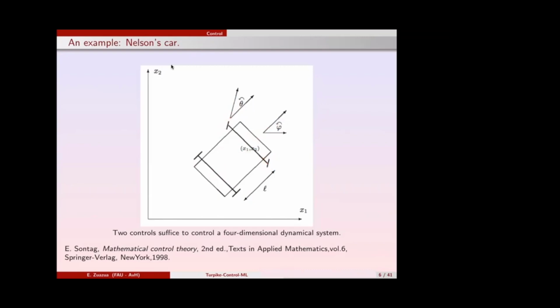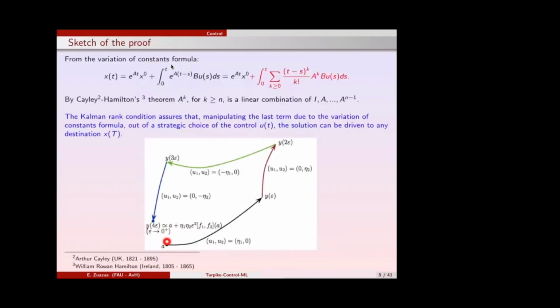So two controls and four dimensions, simply because if we move forward, left, backward, right, we don't get to the same configuration, but rather we are doing the manipulation that allows me to move the car, keeping the center of gravity, and reorienting the main axis.